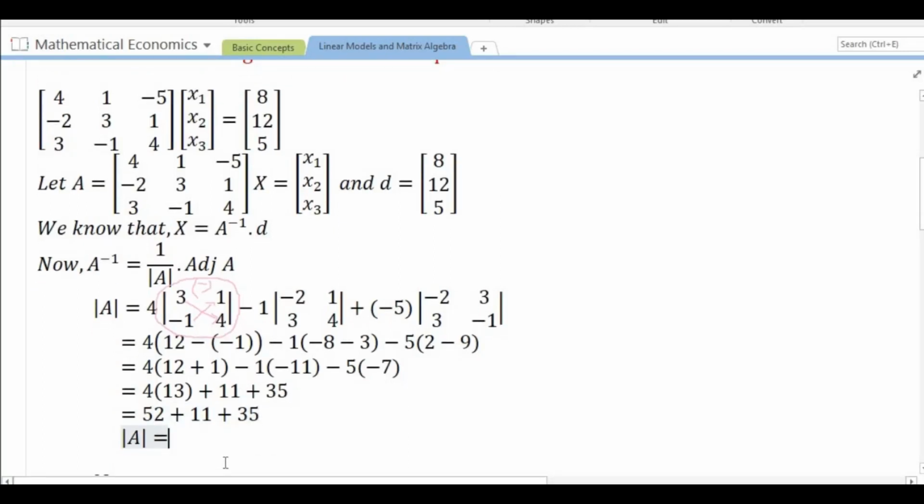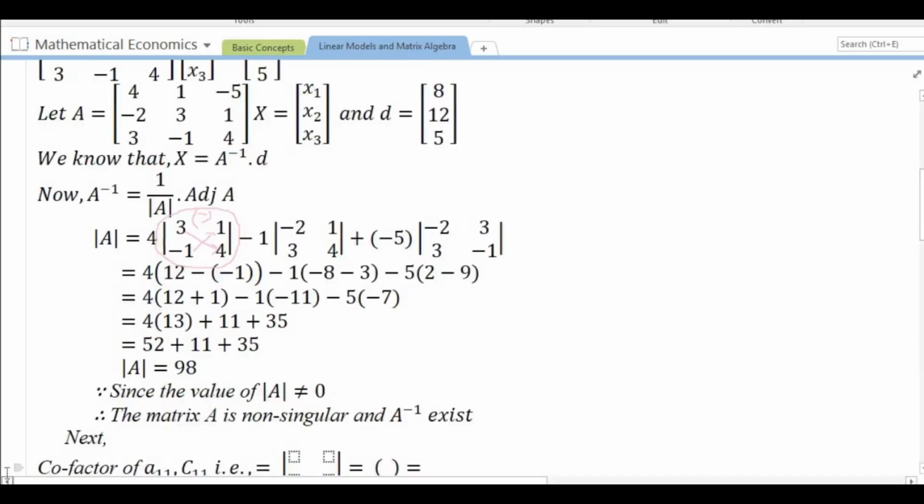Now this will give us 98. Now we have to write, since the value of determinant A is not equal to 0, therefore matrix A is non-singular and A inverse exists.